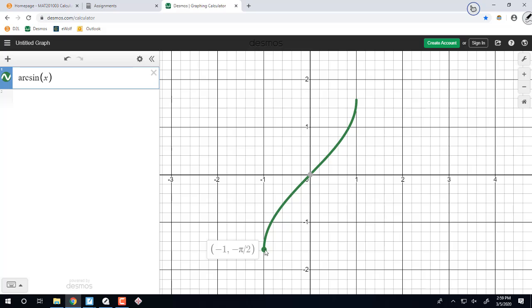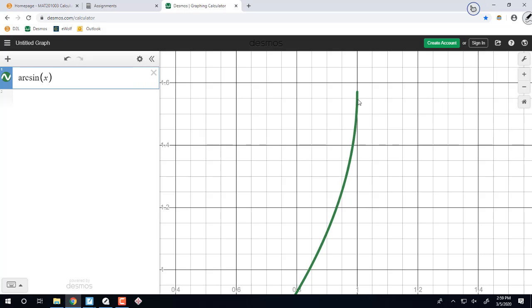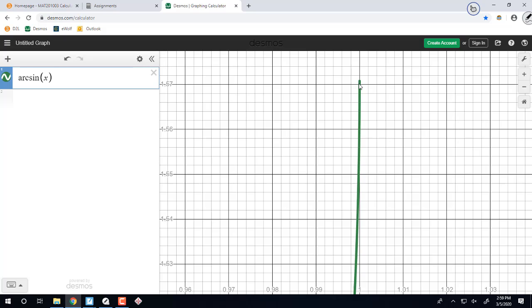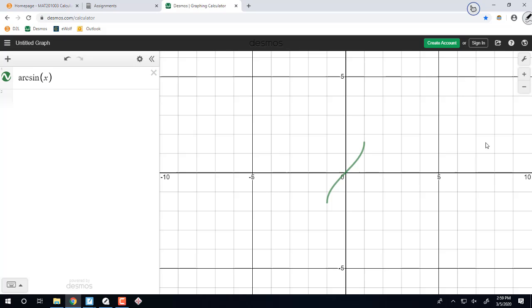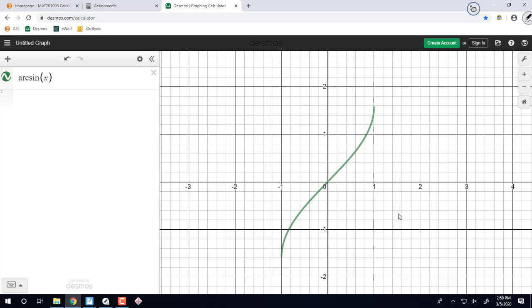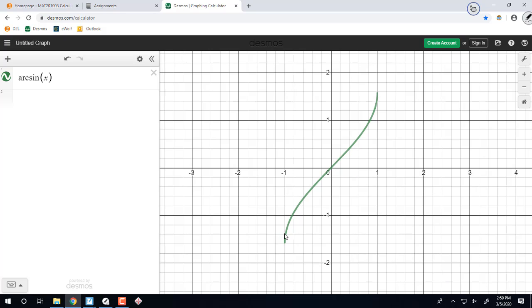So at this endpoint, what happens to our derivative or our tangent line? It's undefined, right? Because we have a vertical tangent line at that point. So there's the graph of inverse sine. We can define a derivative everywhere except for here and here.